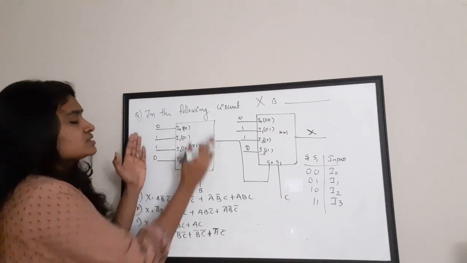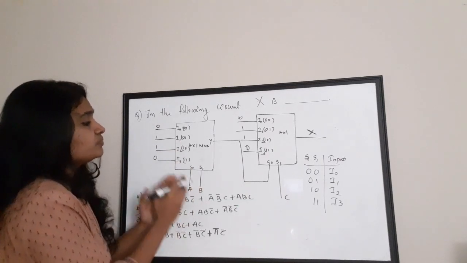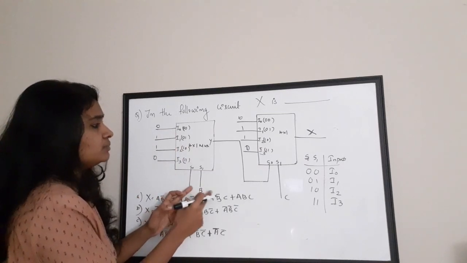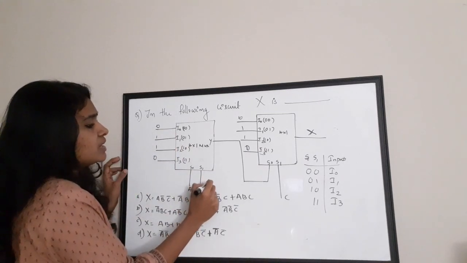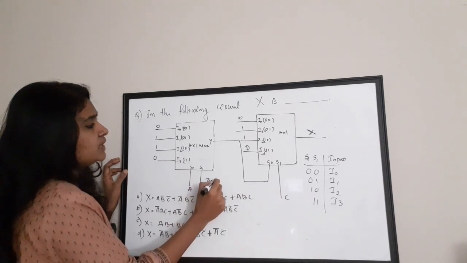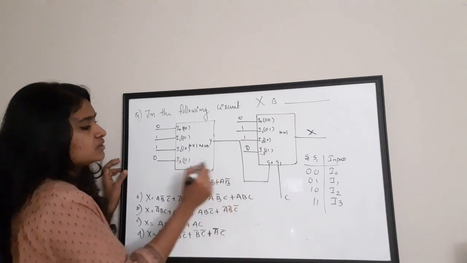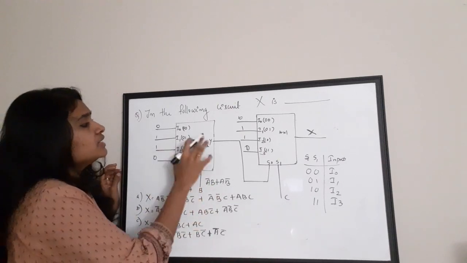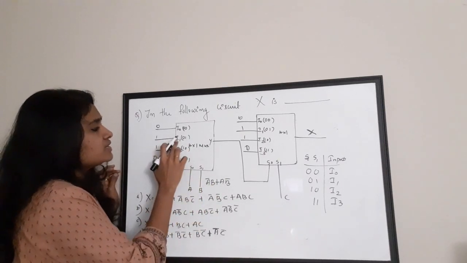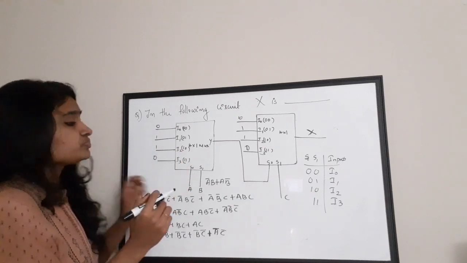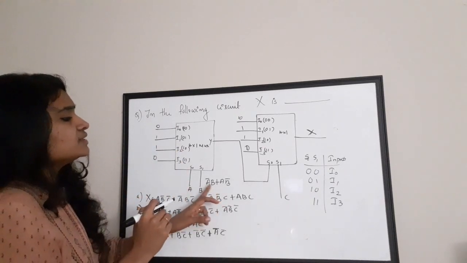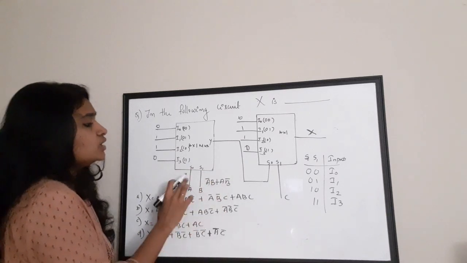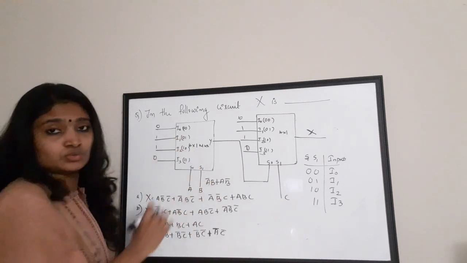So, this mux is actually selecting the inputs I1 and I2, which is corresponding to your A and B, that is A bar B plus AB bar, right? For only this combination of select lines, the inputs are being selected, or I1 and I2 are being selected. So, the select lines are in the combination A bar B, A B bar for selecting I1 and I2.